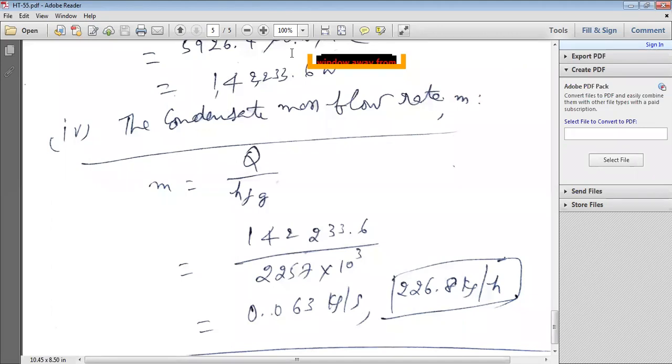So the 5th unit is completed, only the 6th unit is left over. You tell me the time, I will take online classes. All of you discuss. That's all for today. Any doubt? Any doubt?